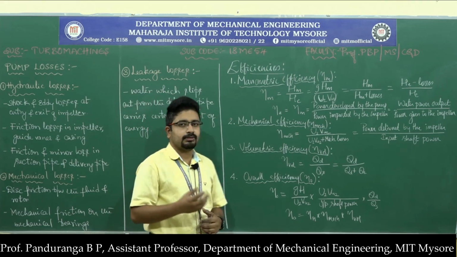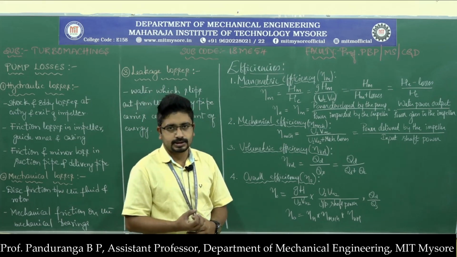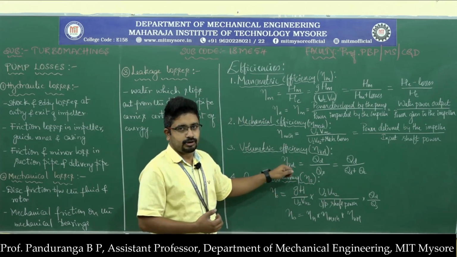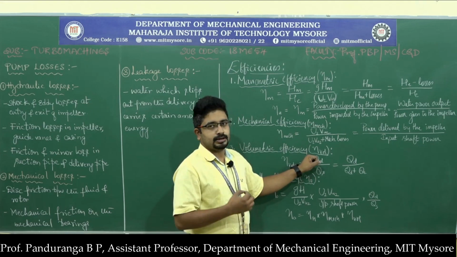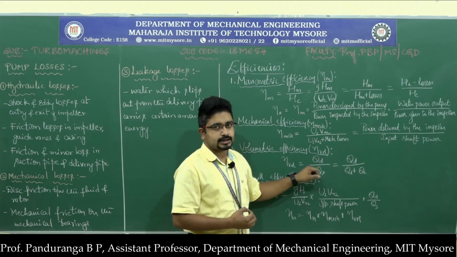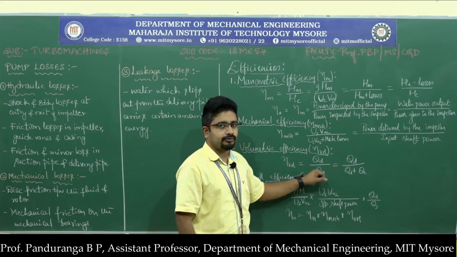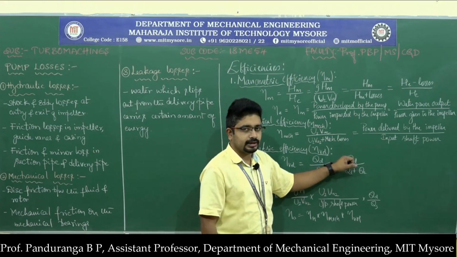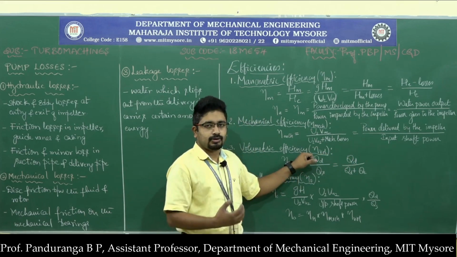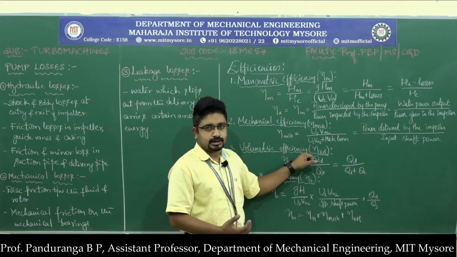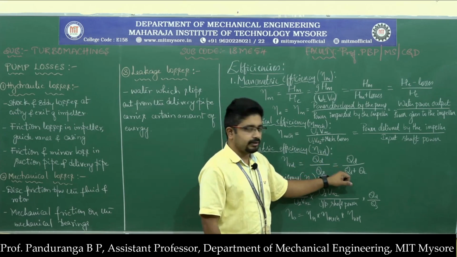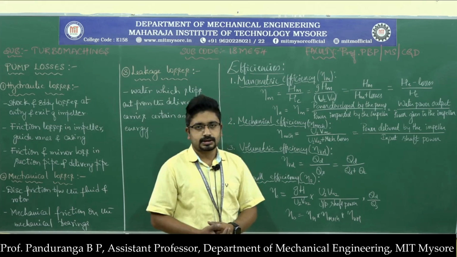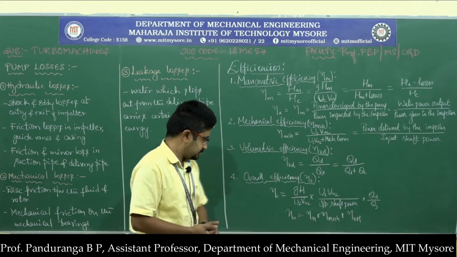In that case, there will be a certain amount of fluid loss, and that will be accounted for in volumetric efficiency. So volumetric efficiency is defined as the quantity of fluid discharged divided by the quantity of fluid sucked by the pump, and that can be written as Qd, the discharge at the delivery side, divided by Qd plus Ql, where Ql is the leakage loss.